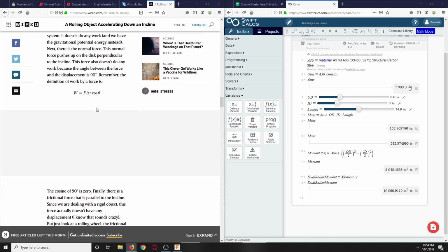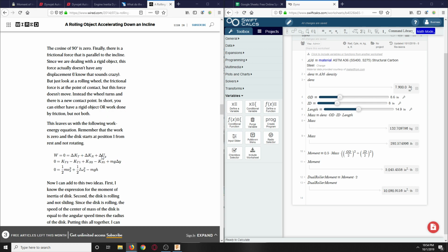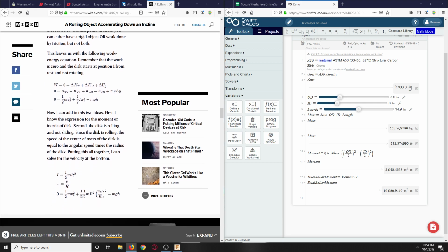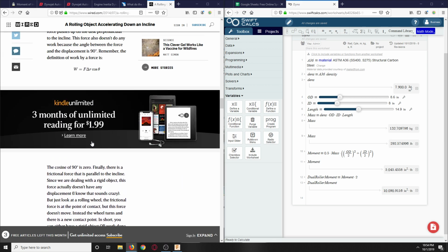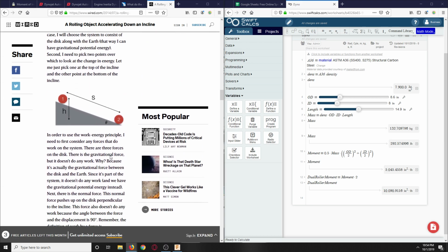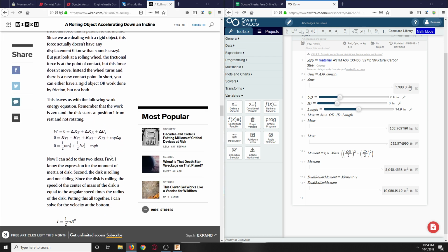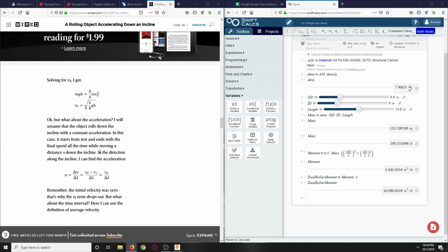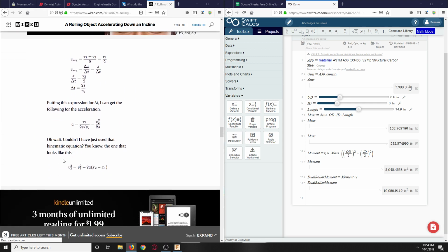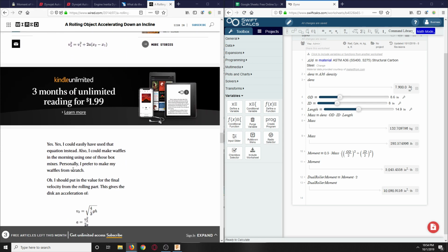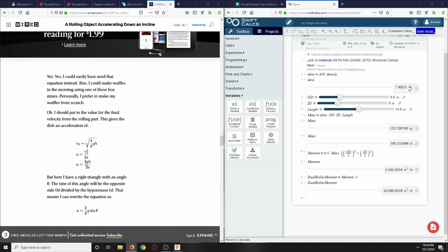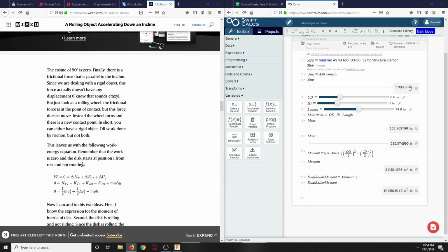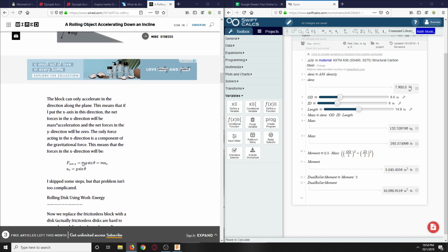So basically it's turning the potential energy of it going down into kinetic energy, but it's not going perfectly straight down. There's an angle to it here. Eventually he's going to go into the angle here. Anyways, so here's velocity, etc. So basically we're going to use this equation here.